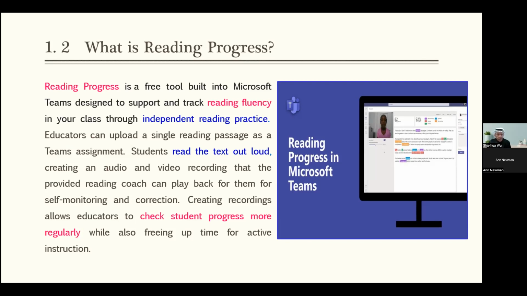Educators can upload a single reading passage as a Teams assignment. Students read the text out loud, creating an audio and video recording that the provided reading coach can play back for them for self-monitoring and correction. These recordings will allow educators to check student progress more regularly while also freeing up time for active instruction.